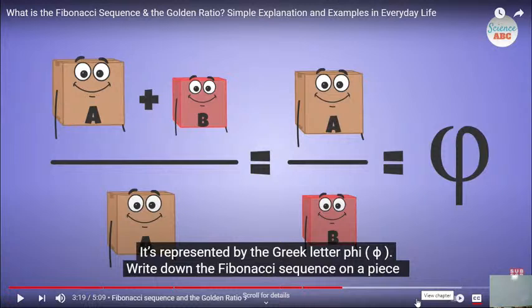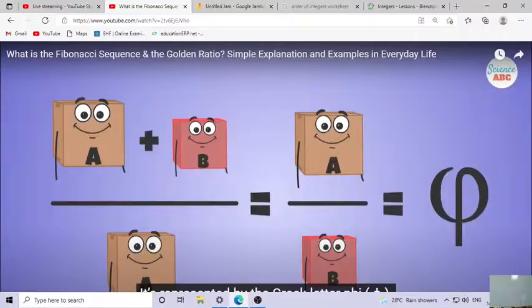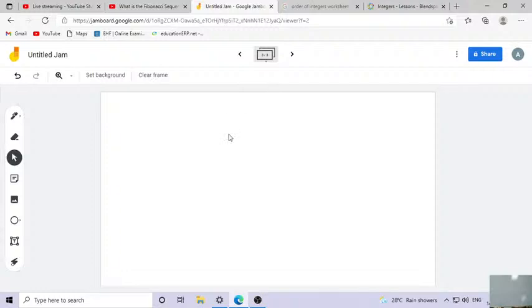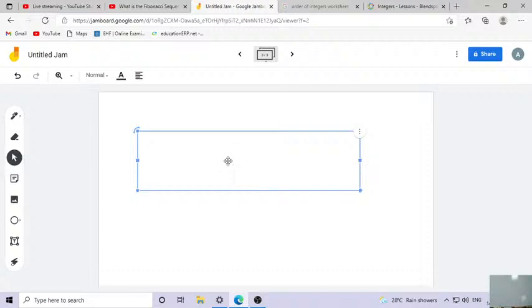Suppose we take two numbers in the sequence, like 2, 3 and 5. Which numbers are you taking? Suppose 2, comma 3.